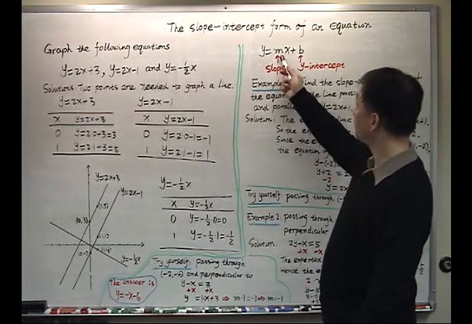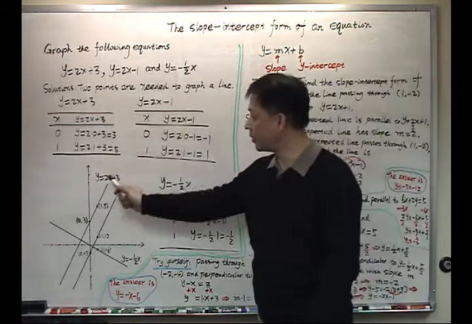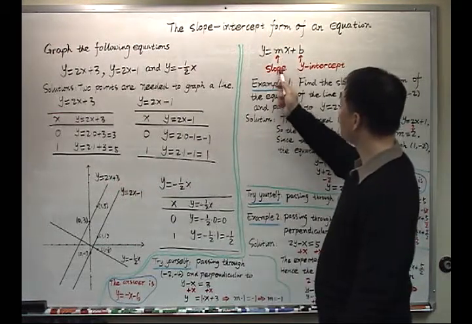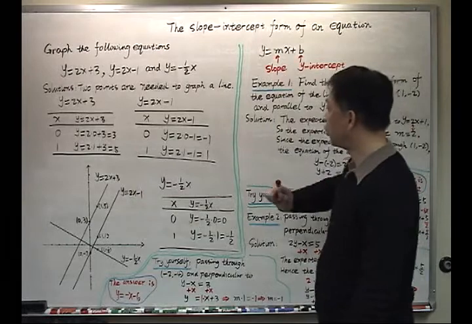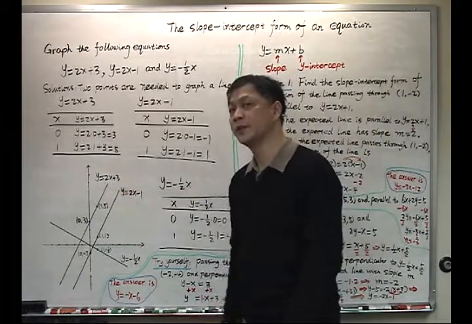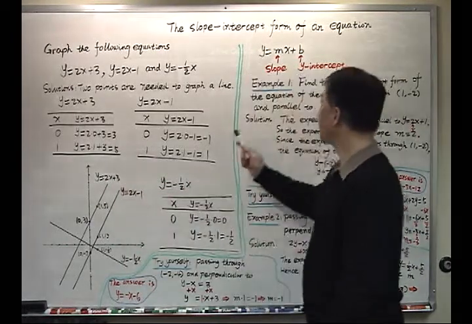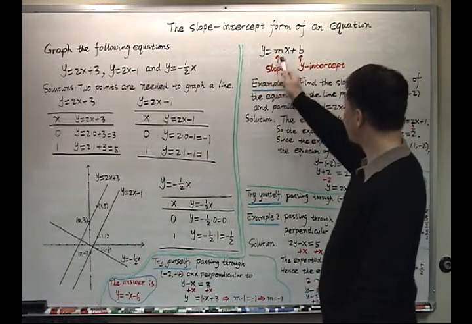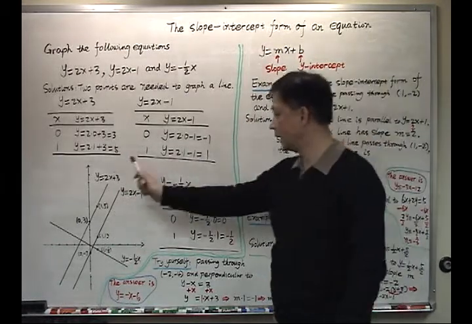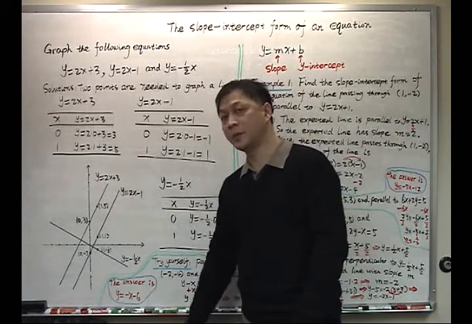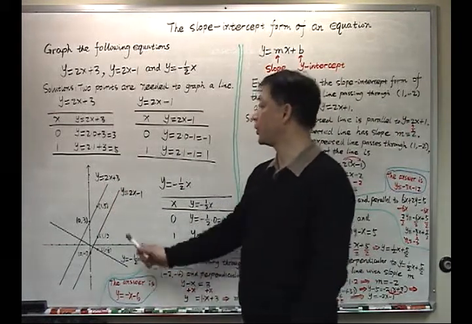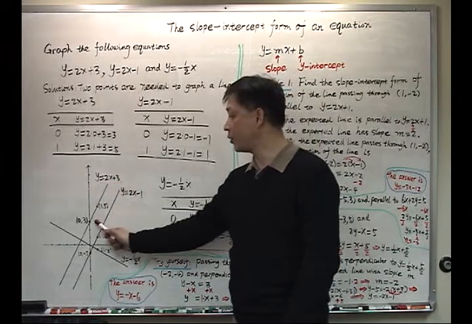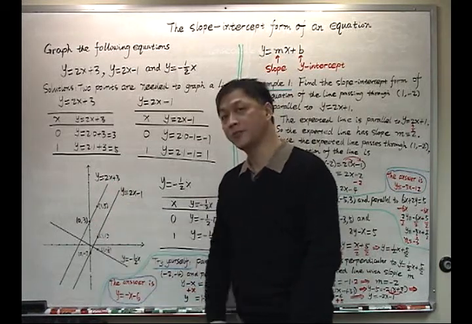In this case, m corresponds to 2, so we say the slope in this case is 2. 3 is the y-intercept. So the equation has this form, and we call it slope-intercept form. So you will know 2 is the slope, and (0, 3) is the y-intercept.